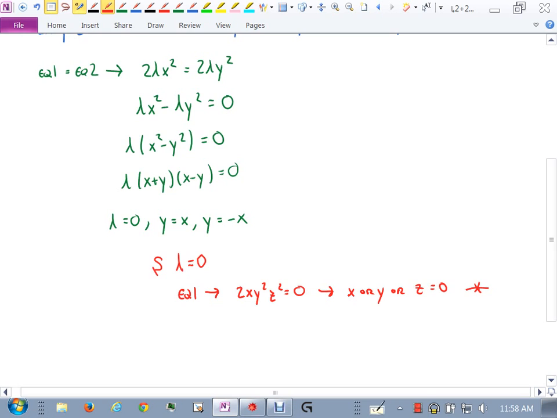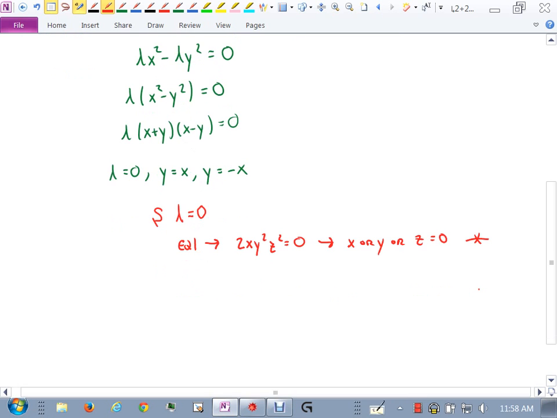Does that logic make sense? All right. Suppose that y equals x. What would that tell us?